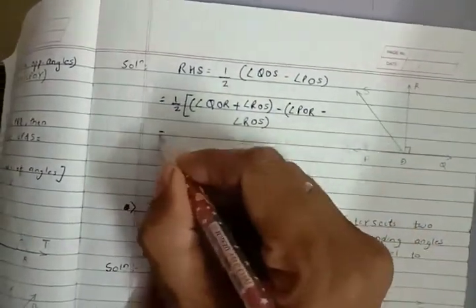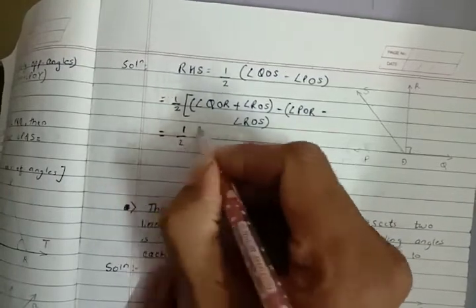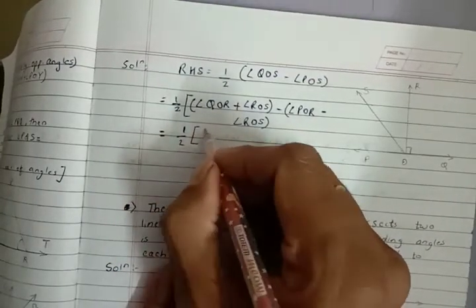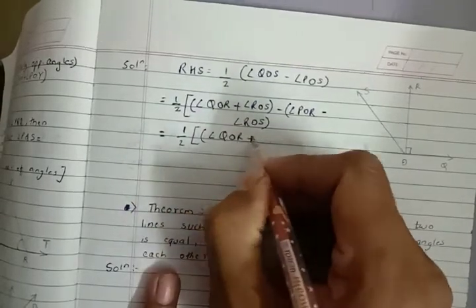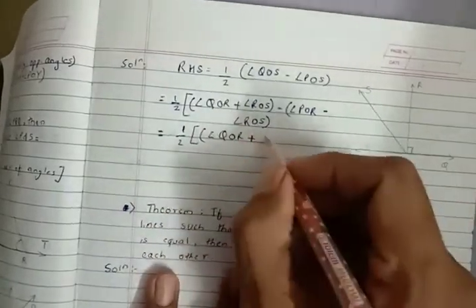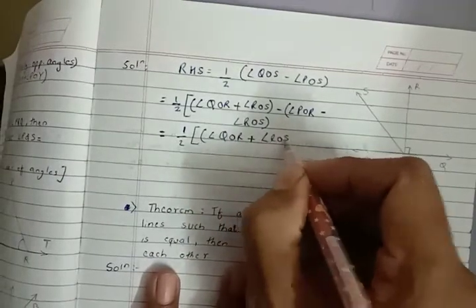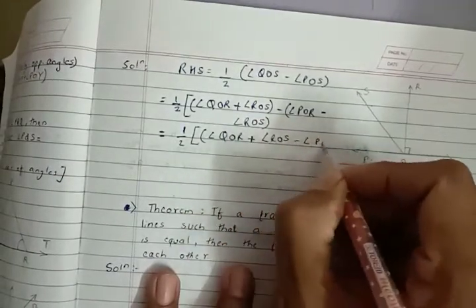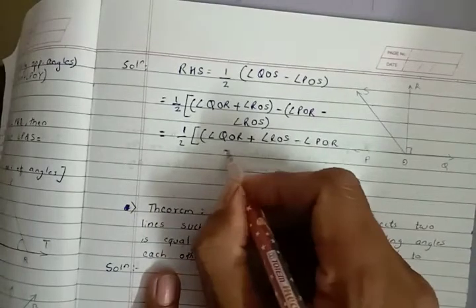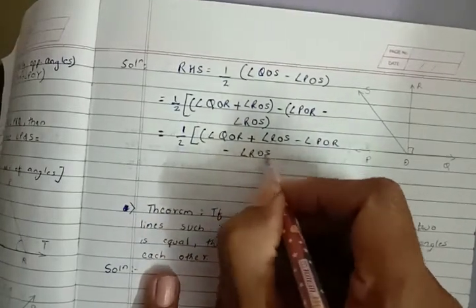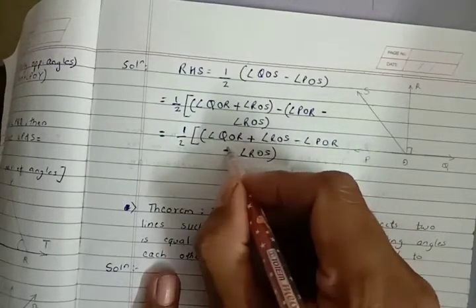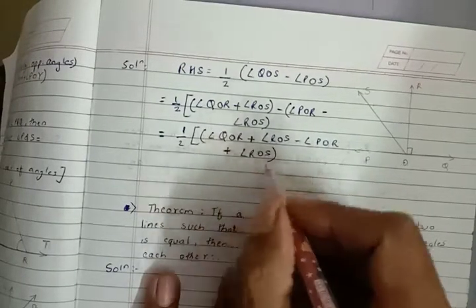Now when we solve this, what will we get? Angle QOR plus, we will open the brackets first, ROS minus angle POR plus angle ROS. Sorry, we have opened this bracket, so this will become plus ROS.